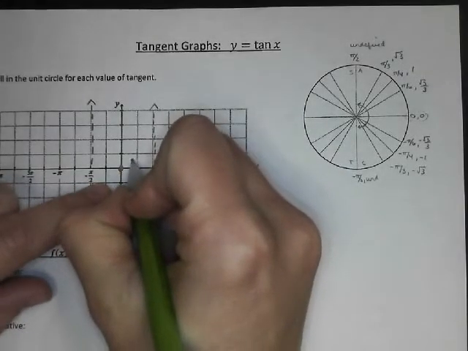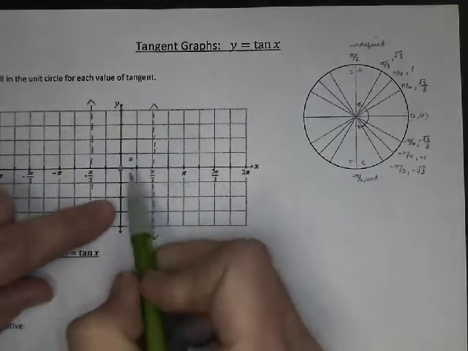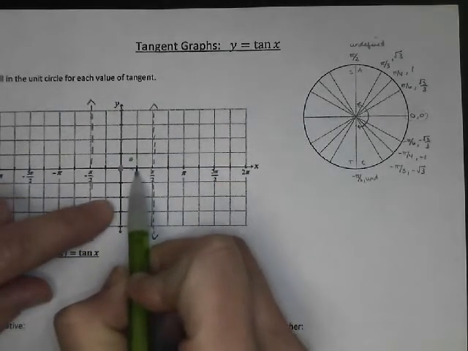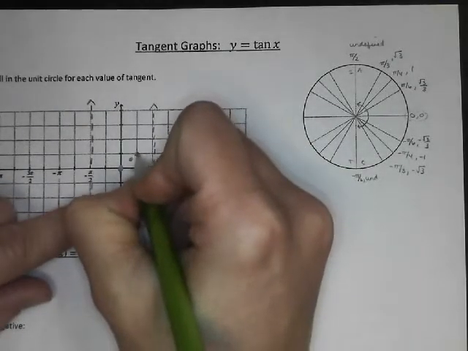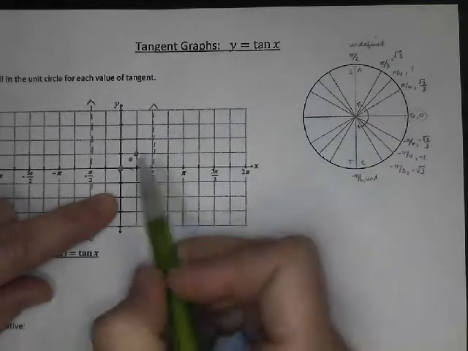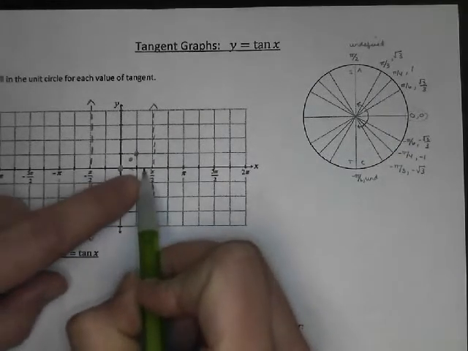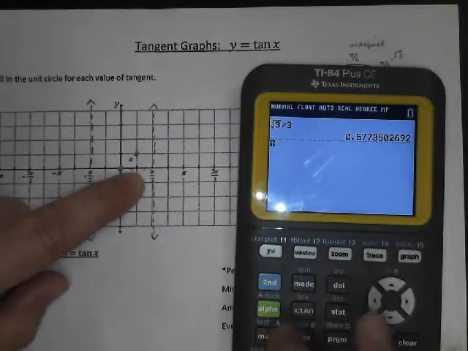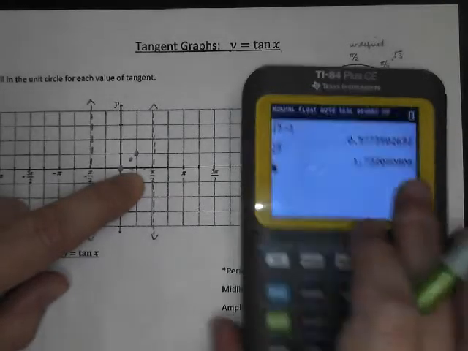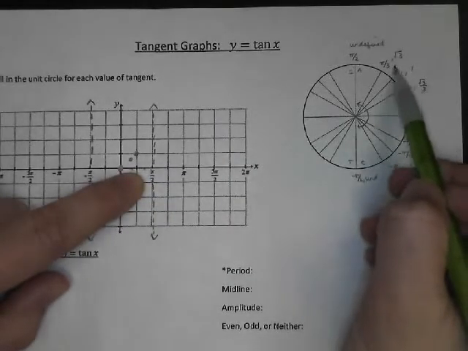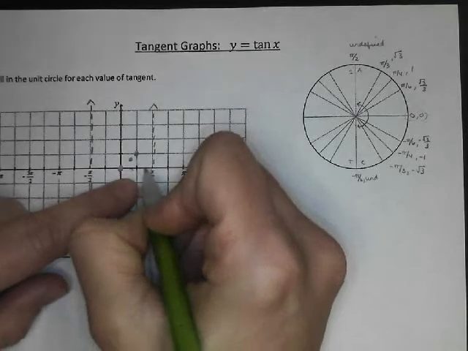So right around there, I'm going to go to 0.577-ish. And then pi over 4 is this one, which is 1. And pi over 3 will be over here somewhere. That's about a 60-degree angle, so 2/3 of the way there. And the y-coordinate for that is root 3, which is 1.7.